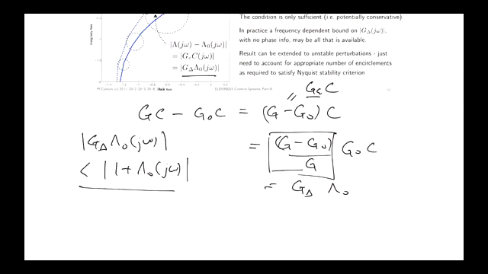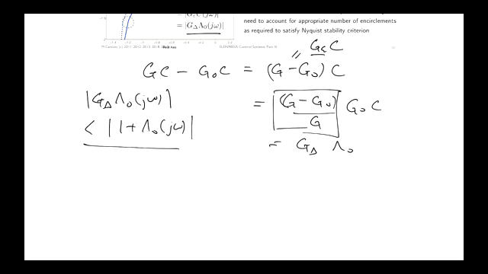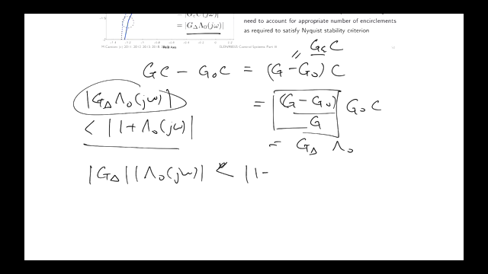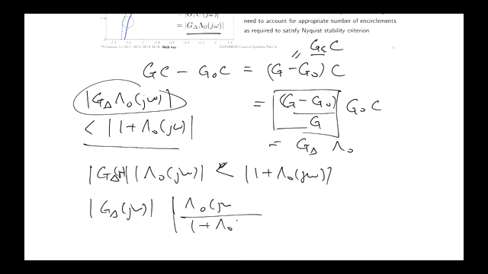All I'm writing down here is I want this to be smaller than this. So if we rearrange that, what are we saying? Well, I want the magnitude of G delta, so this guy here is just equal to what I've written down, to be less than this. So this should be j omega. I want the product of the magnitude of G delta and the magnitude of lambda naught on 1 plus lambda naught to be less than 1.